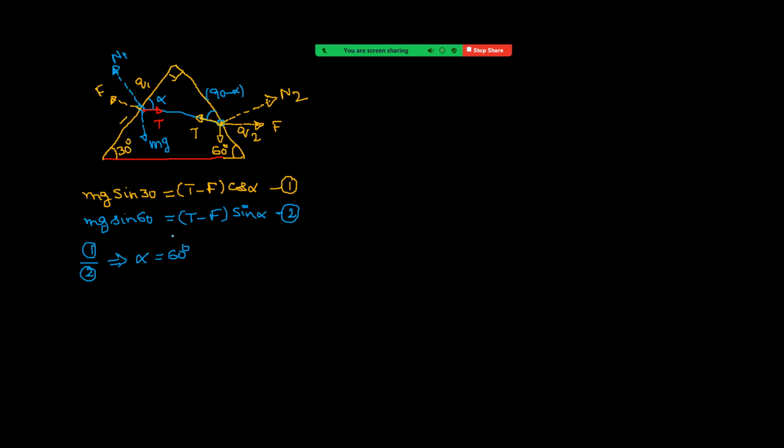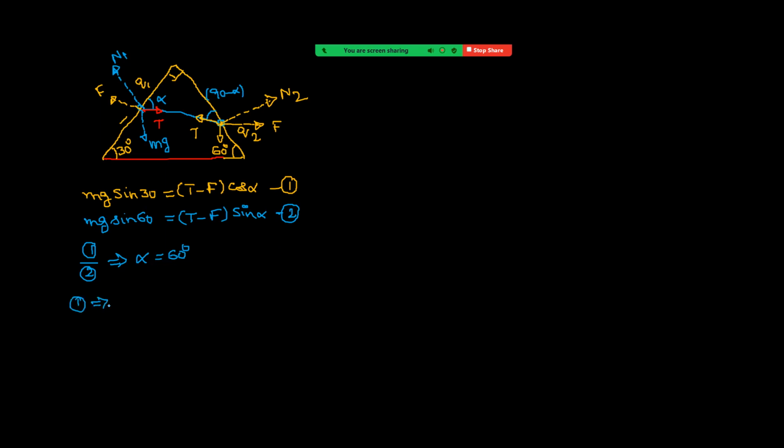And once we get the value of alpha, we can find the tension, either by using equation 1 or equation 2. Let us say I'm taking equation 1 to find the value of tension.